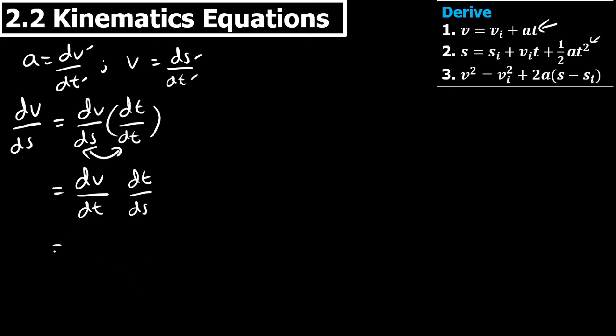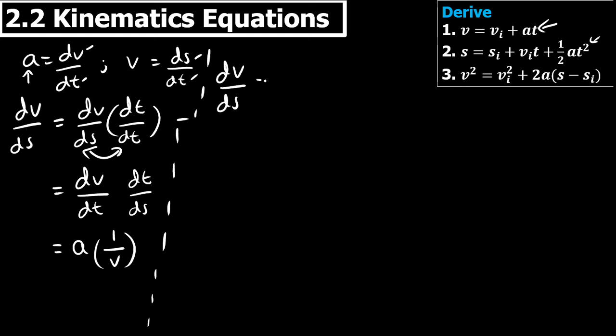By definition, dv over dt is just a, and dt over ds is 1 over v. So at this point, let me write that down, dv over ds equals a over v. I can rearrange them and have v dv equals a ds.